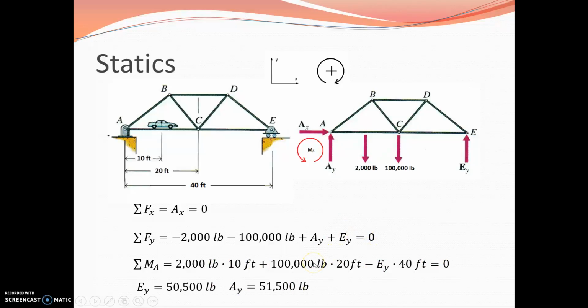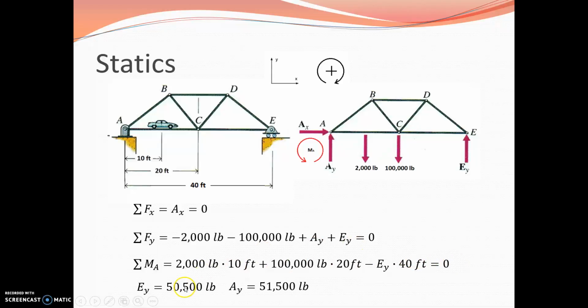Now this is the tricky part. If you're not this far in algebra, it's fine just to set this up and not solve. I would prefer you solve this, but if you can't, let me know. I can come over and sit with you for a while. You may have not done this before. You first need to use algebra to solve for EY. It's the only unknown variable in this equation.